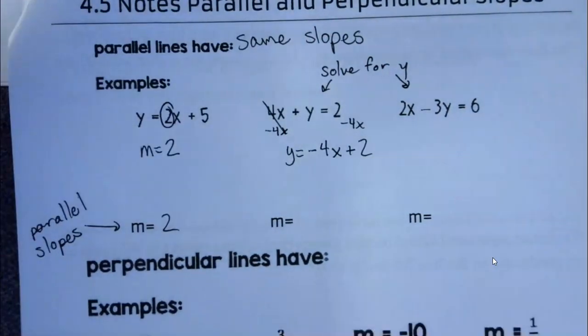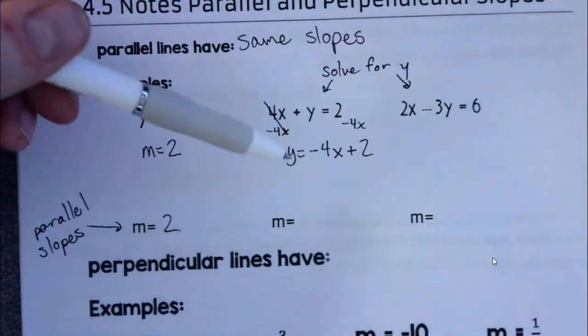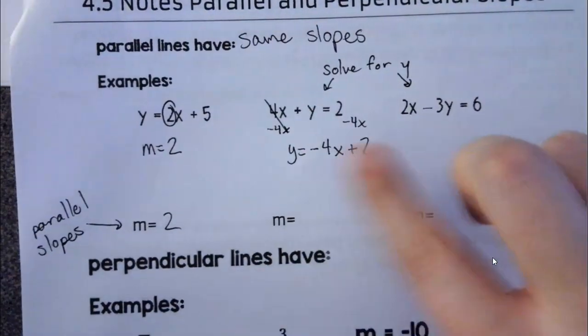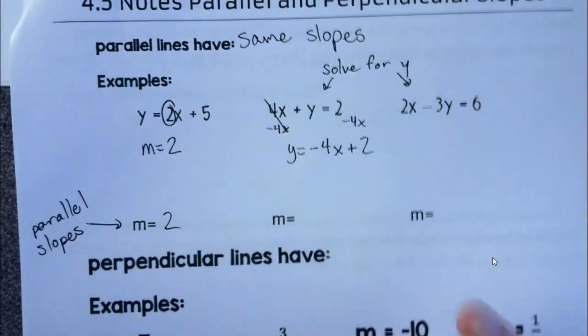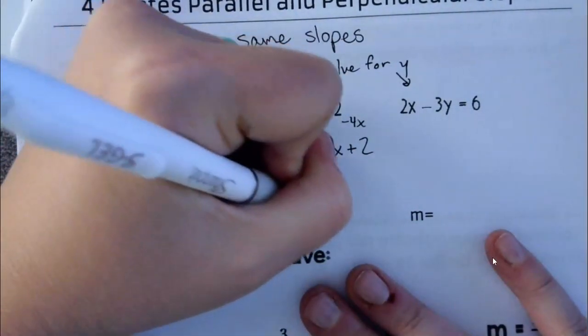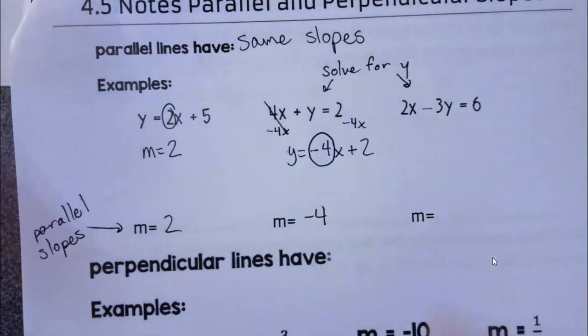I guess I should have written it directly under it, but it doesn't matter, they just go next to each other. I always like to put it in the y equals mx plus b form instead of putting the 2 first, because then it just looks weird, and my brain is used to seeing it like this. So my slope is going to be -4. But if we just look at the original equation, we think, oh, the slope is 4. But it's not. You have to solve for y first.